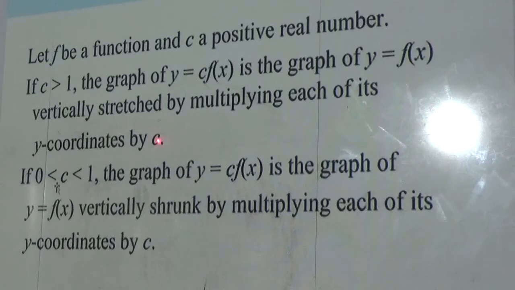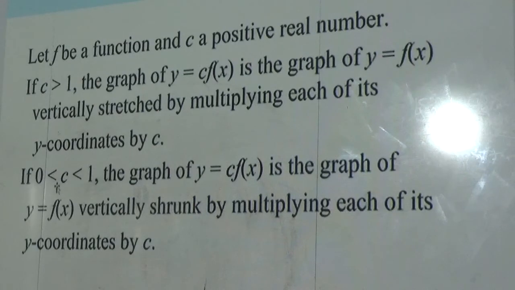So we're just going to deal with numbers greater than 0 here and look at how it stretches or shrinks a graph. So if we multiply the output by a whole number, again, think about what we're doing. We're taking the output and we're making it a greater number, right? If c is greater than 1, then we're making the output larger.